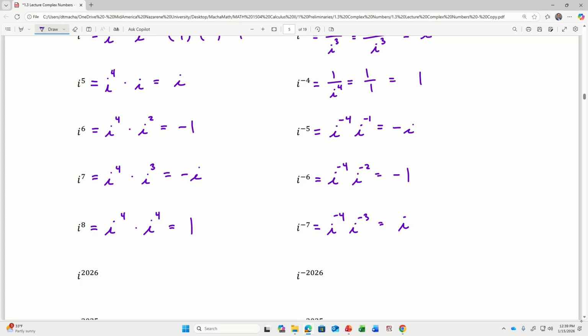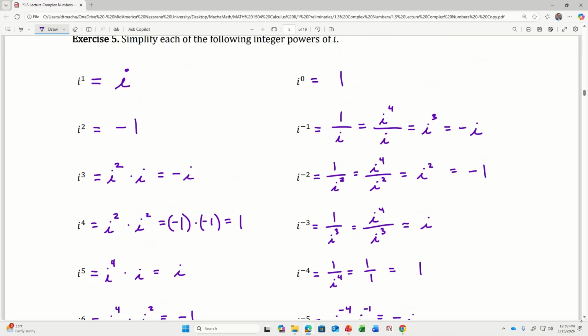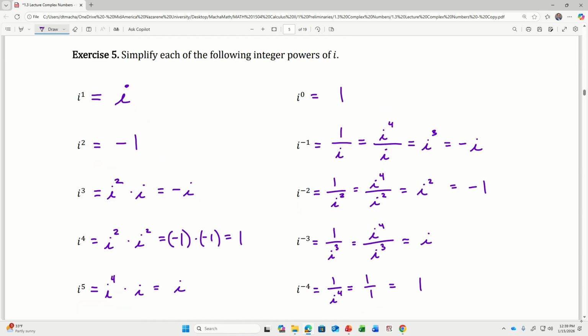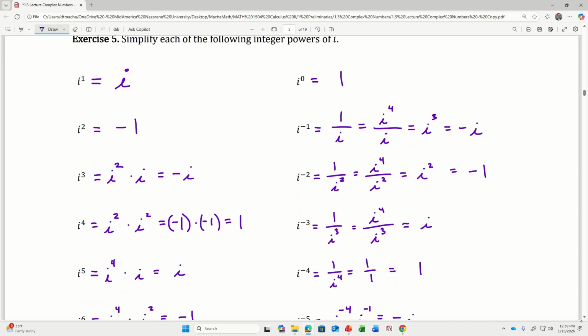So everything works really well as this kind of pattern. You notice the pattern? It goes in the positive direction from 0, 1, 2, 3, 4, and so on: 1, i, -1, negative i, 1, i, -1, negative i, over and over.